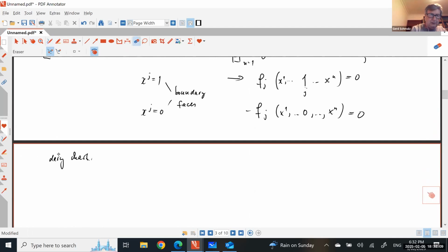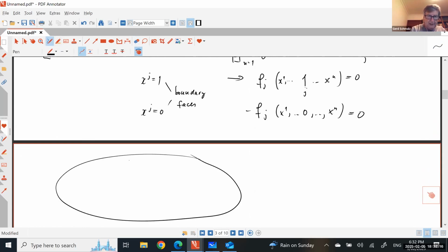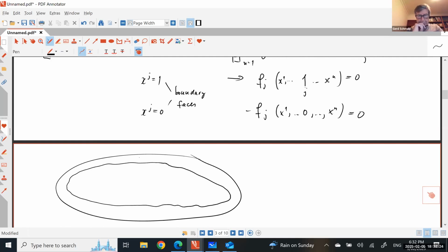So maybe I give you a picture. If we have a huge manifold with boundary, and we have some function which is 0 on most of the manifold, and just when we come close to the boundary, it becomes 1.